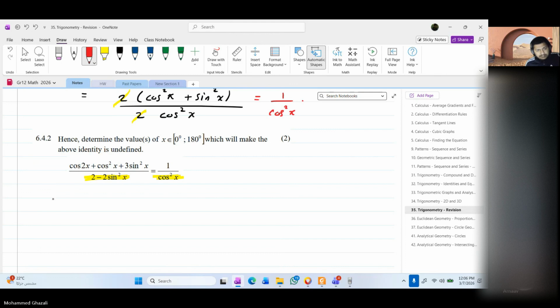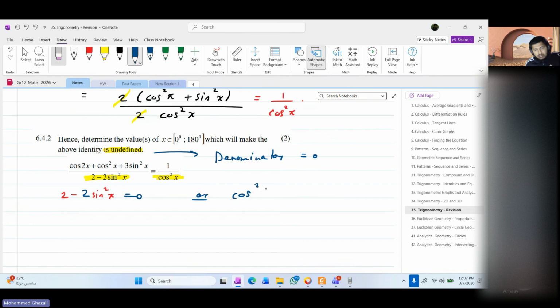So either 2 minus 2 sine squared x, when each denominator is equal to 0. So this here basically means 2 minus 2 sine squared x is equal to 0, or cos squared x is also equal to 0, right?